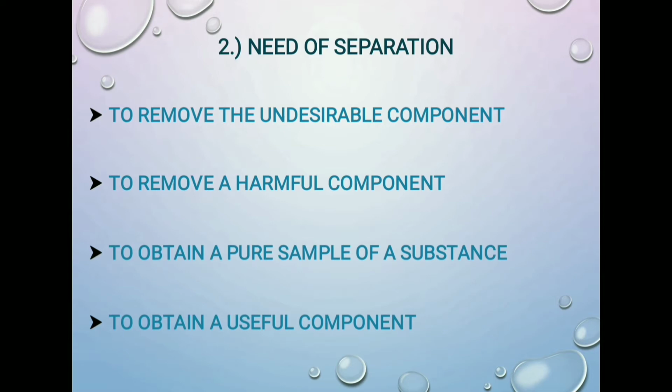Number 3, to obtain a pure sample of a substance. For example, when gold is mined from the gold mines, it is not in the purest form. So to get the purest form of gold, we have to go through various methods of separation. And the last one is to obtain a useful component.